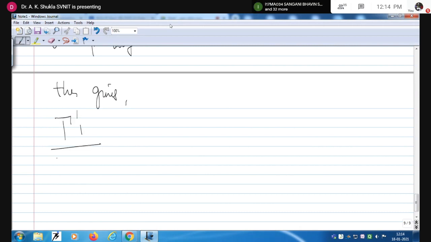gamma dash 1 upon gamma 1 equal to minus gamma minus 1 plus the summation n equal to 1 to infinity, and here z equal to 1, so we can write n and n plus 1.